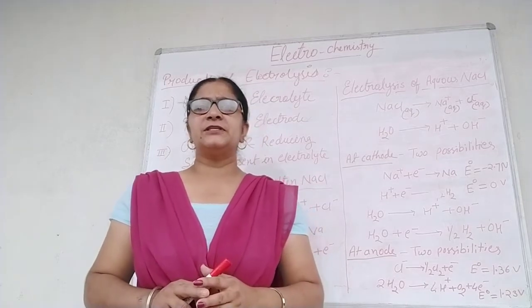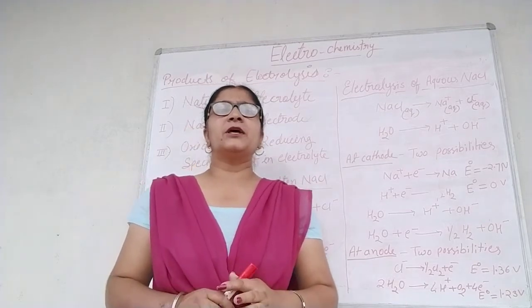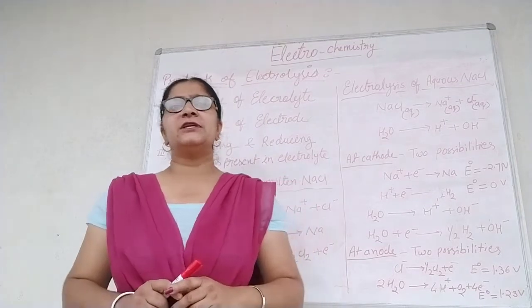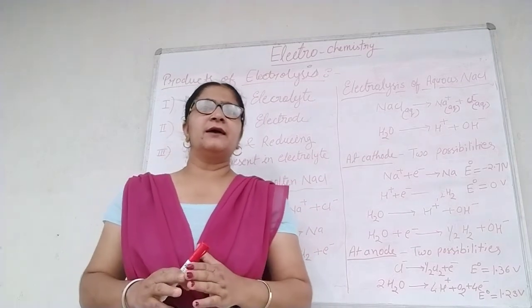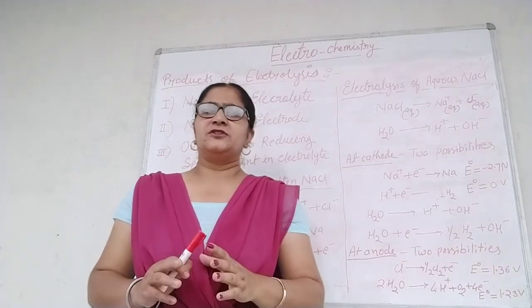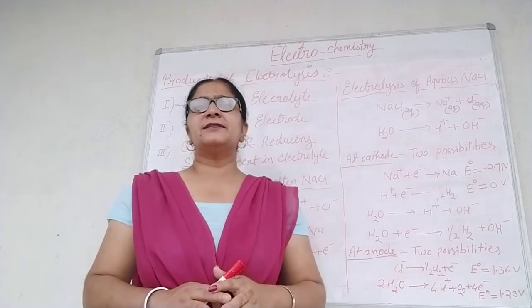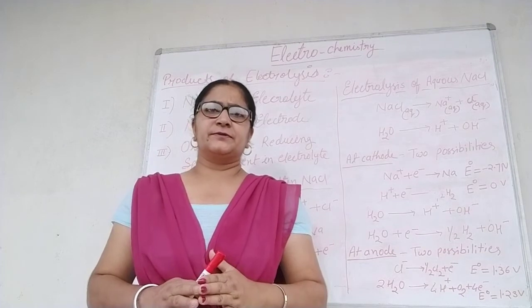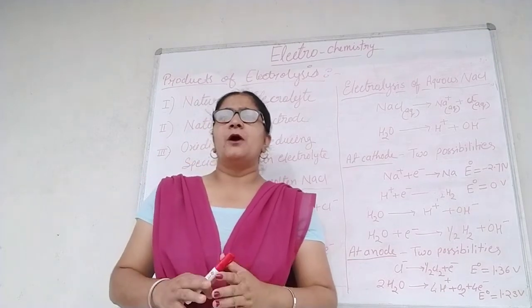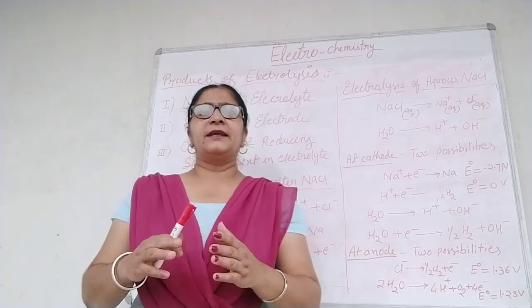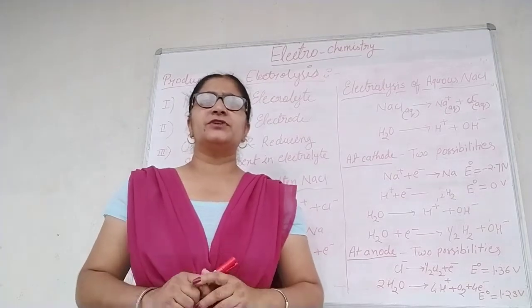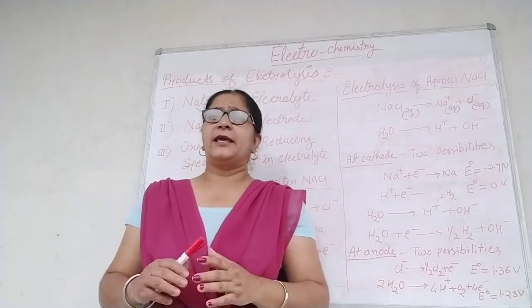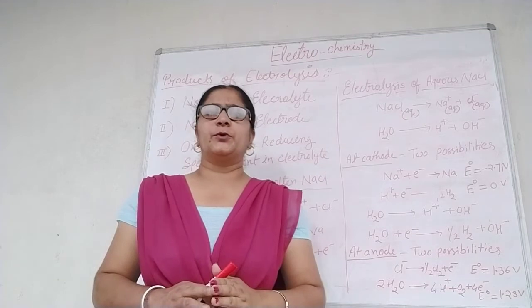The product of electrolysis also depends upon the oxidizing and reducing species present in the electrolyte. Generally, the reaction having higher value of reduction potential is favored at cathode. On the other hand, the reaction having the lower value of standard reduction potential will be favored at anode.